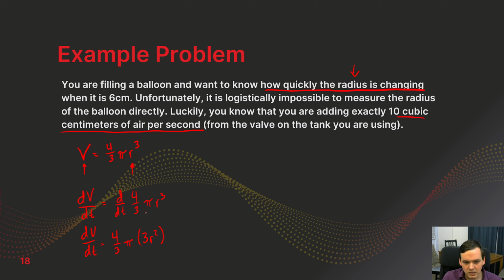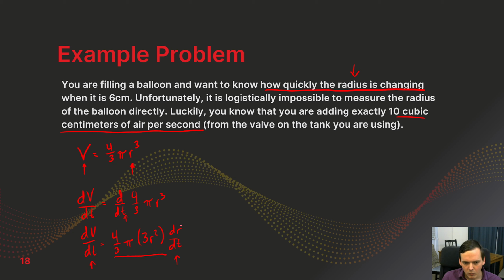But because we're asking about with respect to time, not radius, we need to use the chain rule and get our dr by dt. Now what you'll notice is we have a relationship between dV dt and dr dt. That relationship is dV dt is equal to 4/3 pi times 3r squared dr dt.